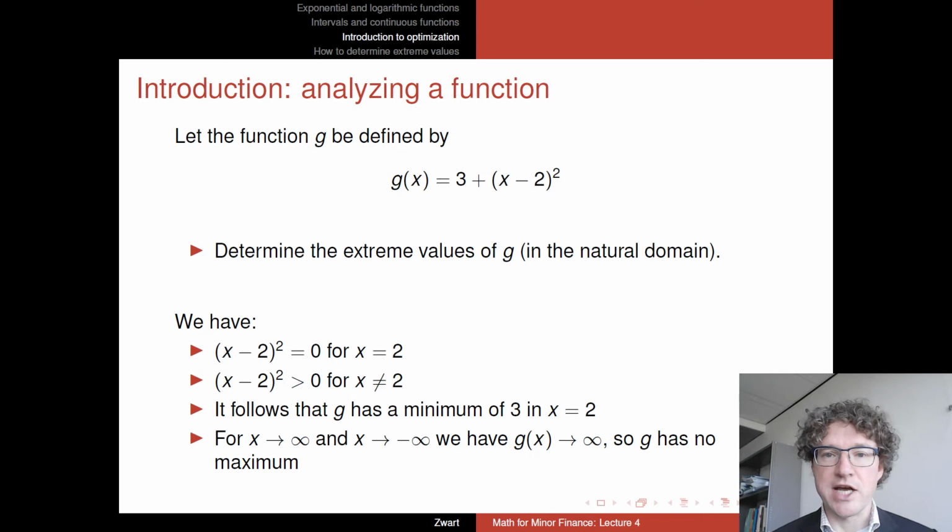So there's no value that you can never surpass. You just go a bit further to the right or further to the left and you will have an even higher number. So there's actually no maximum to this function g. It only has a minimum occurring at x equals 2.